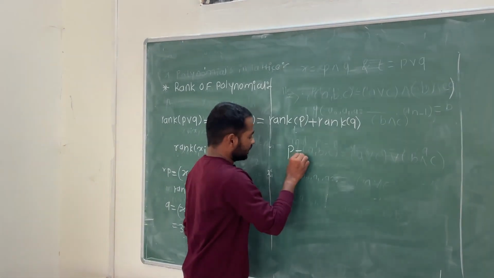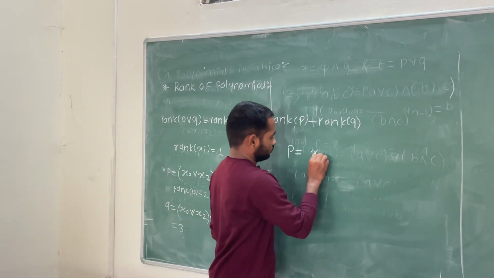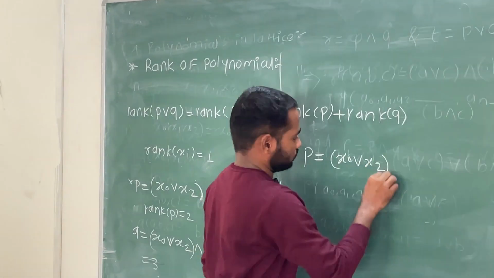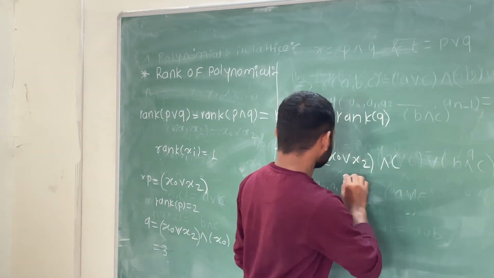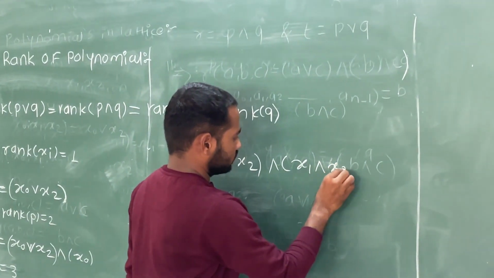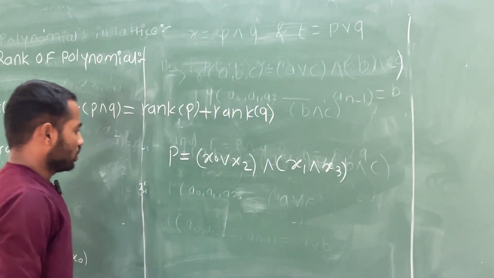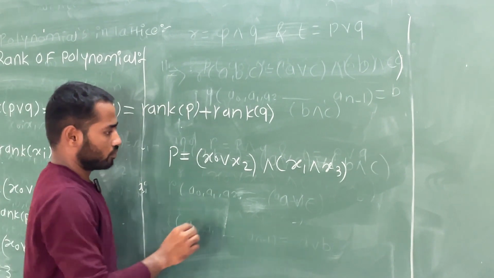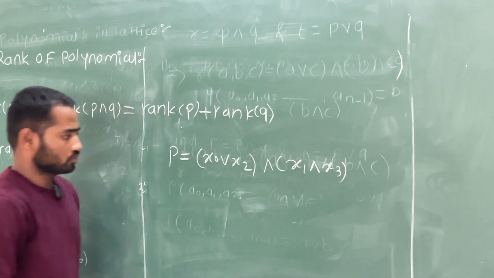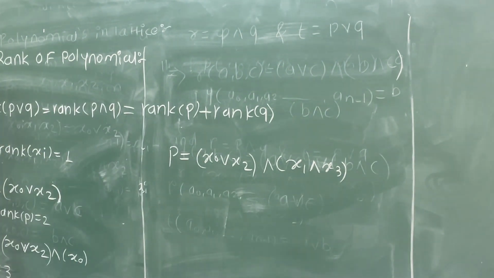If you take P equals x0 join x2 meet x1 meet x3, so obviously, what is the rank? Everyone can tell what should be the rank of this. 4.